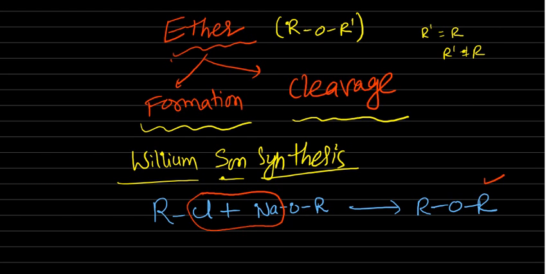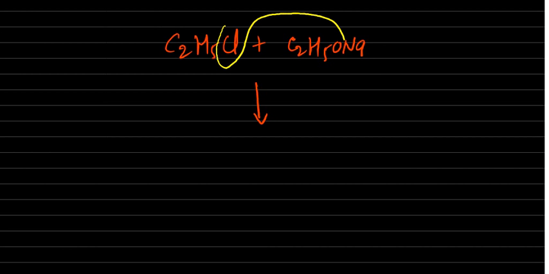Suppose I take ethyl chloride plus sodium ethoxide, C2H5ONa. In this Williamson synthesis, the chlorine and Na are leaving.